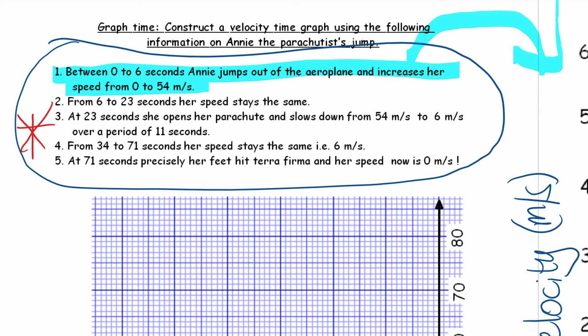Well, it's often the case with graphs as well. If we look at the first point here, the part that's highlighted in blue, between 0 to 6 seconds, he jumps out of the aeroplane and increases the speed from 0 to 54 meters per second.